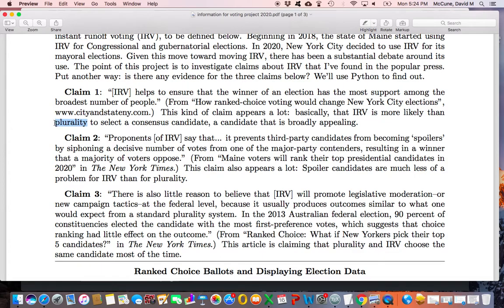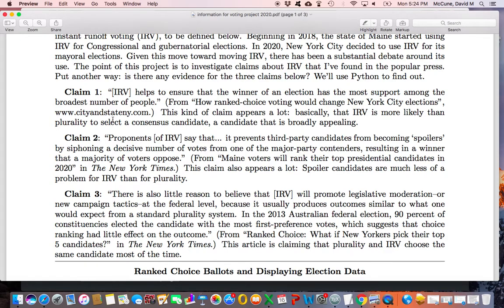You cast a vote for the person you like, and the most votes wins. So within this debate, people claim all the time that consensus candidates, or candidates that are broadly appealing, those kind of people are more likely to win an election under instant runoff voting than under our normal method.